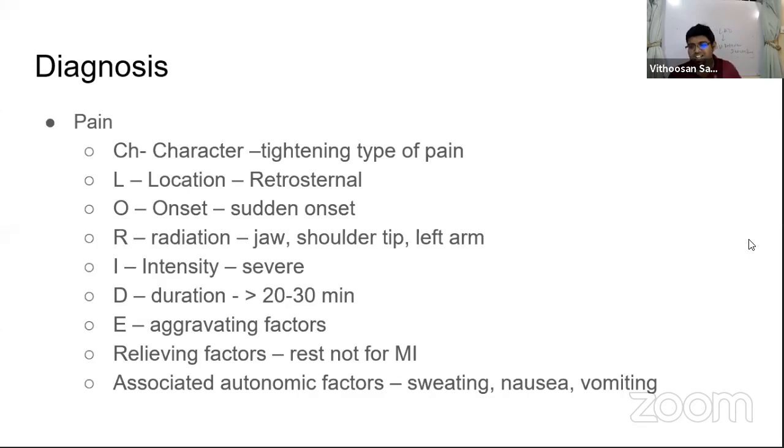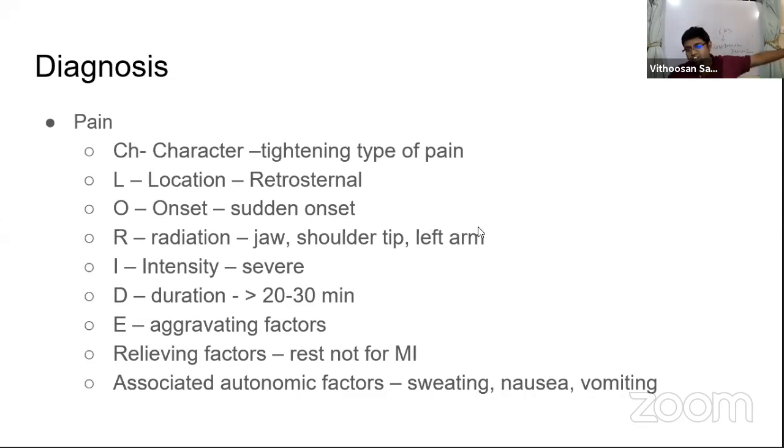But as budding doctors, my message is, if somebody tells you, doctor, the pain is going to the neck and the jaw, never ever ignore that pain. Because that is always significant. That can be something we are missing. Never ignore that pain at all.